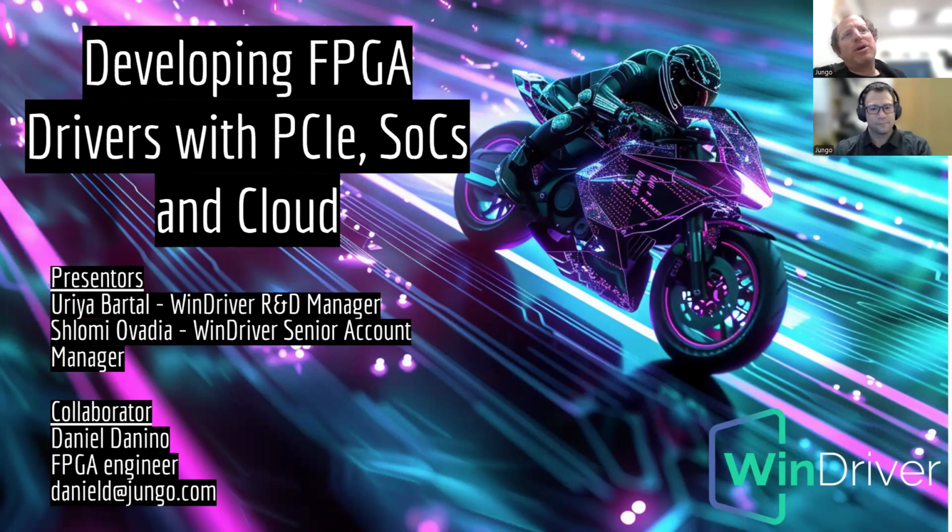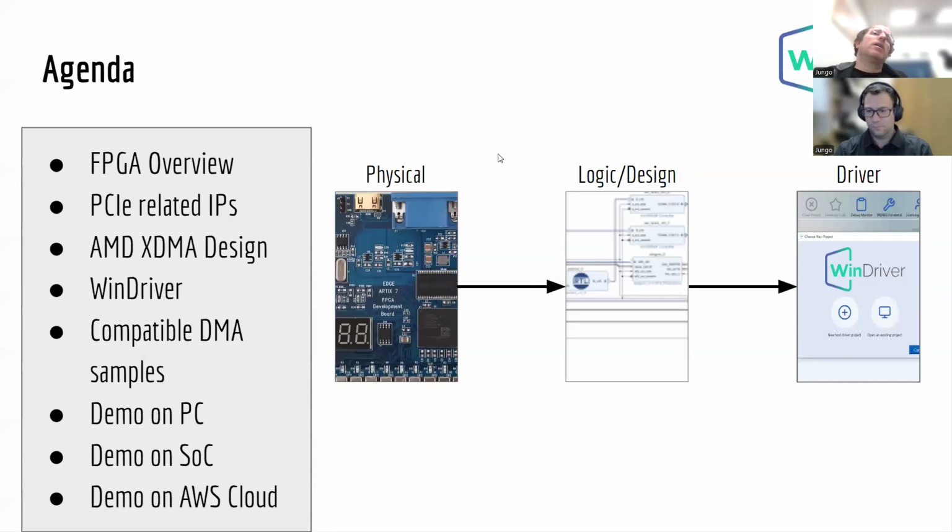Right. So, hello everyone. I'm Uriah, WinDriver R&D manager, and today we're going to be discussing hardware design in general, but specifically on FPGAs. Hardware design has basically three layers: the physical layer, the logic and design layer, and the driver layer.